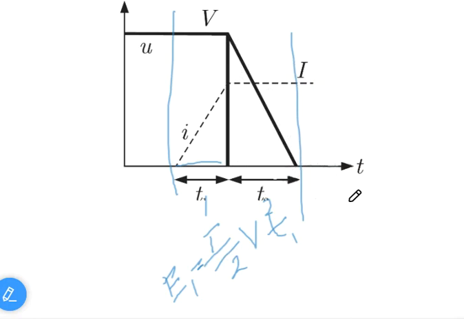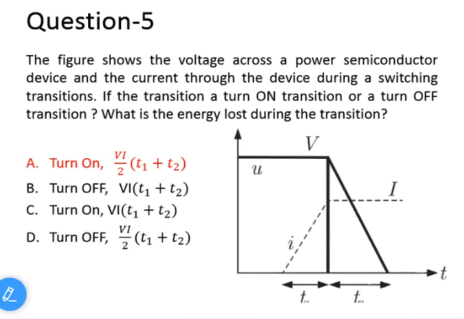Therefore, the average voltage is V by 2, the current is constant at I, and the time is T2. Therefore, the energy during the period T2 is E2, which is equal to V by 2 into I into T2. Therefore, the total energy lost will be equal to VI by 2 into T1 plus T2, and the transition is a turn-on transition because voltage is reaching 0 and current is rising to a constant current.